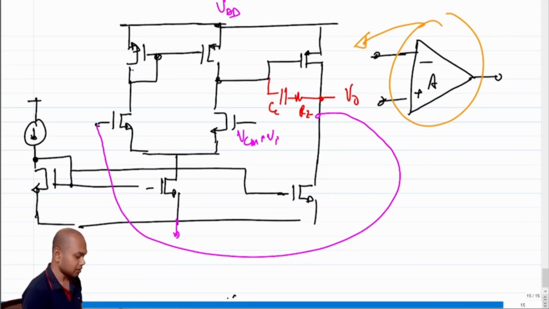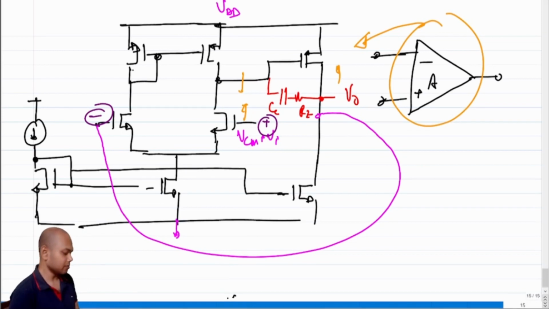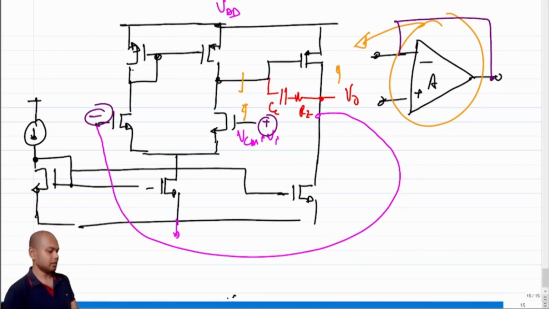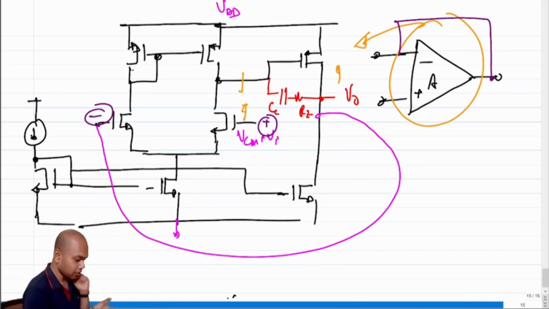How do you know what is the plus terminal? The input terminal which, if I raise that voltage, the output should increase. So if I raise this voltage the other decreases, so this voltage increases. So essentially this becomes the plus terminal, and this becomes the minus terminal, right? So when you connect anything in negative feedback, you essentially connect it like this, right? So this is the equivalence of these two structures, okay.